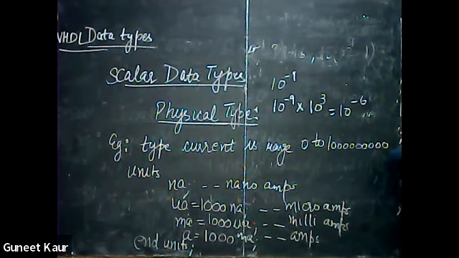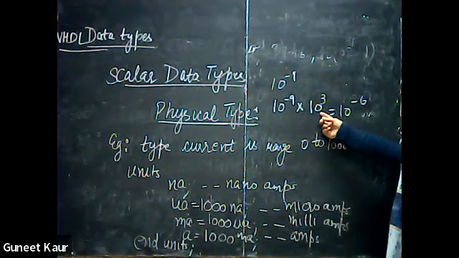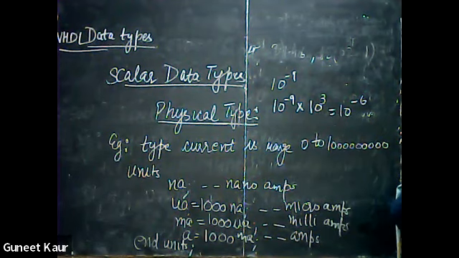Similarly, if I want milliampere, then it will be 1000 multiplied by 10 raised to power minus 6. It will give you 10 raised to power minus 3, that is milliampere. And further, if you multiply 10 raised to power 3 by 10 raised to power minus 3, it will give you 1 ampere.